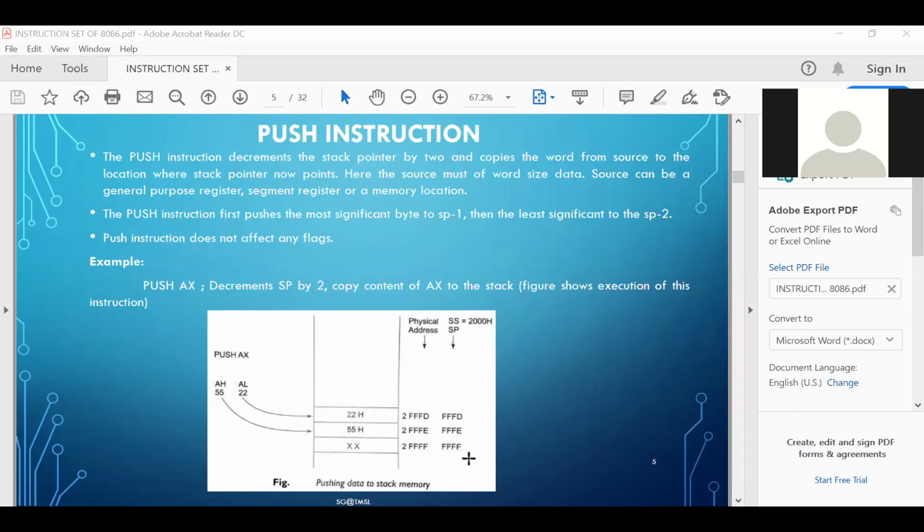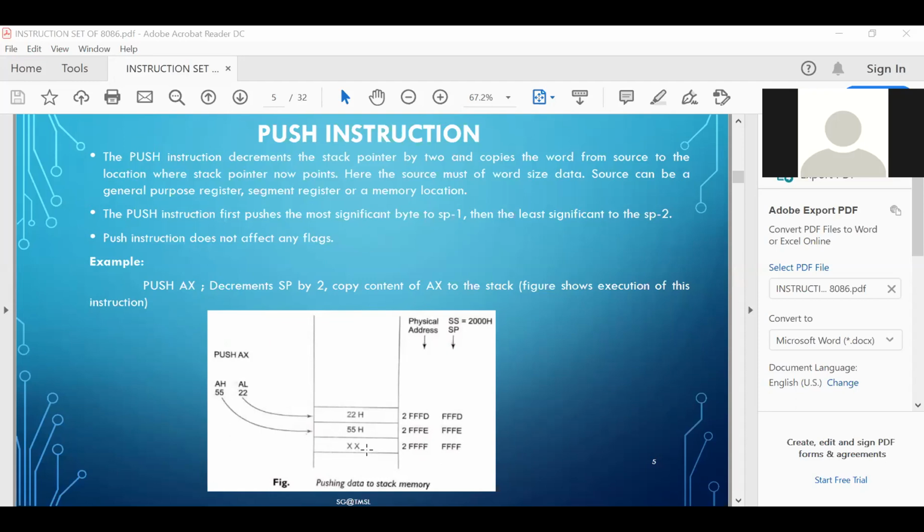The rule to calculate the physical address is segment address times 10 plus offset address. So 2000 times 10 plus FFFF is equivalent to 2FFFF. That is the physical address where the stack is initialized.